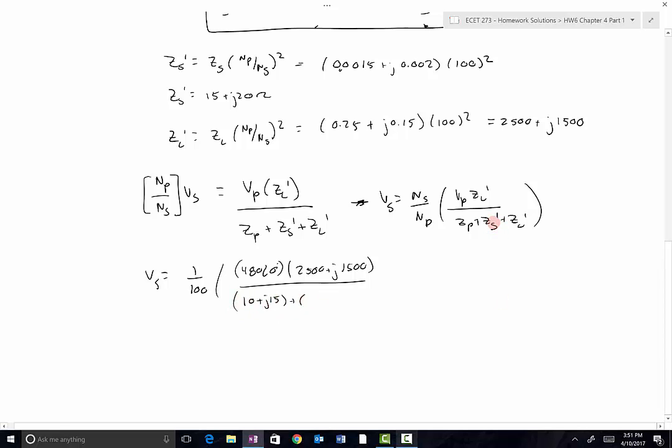Plus the secondary impedance of the transformer referred, so that was 15 plus J20. Plus our reflected load impedance, which was 2500 plus J1500. So there I've got my voltage divider, and the supply voltage is going to be very low, 4.74 volts at an angle of negative 0.33 degrees.